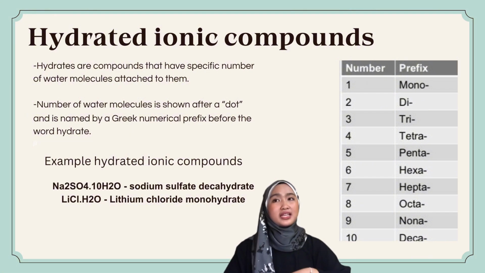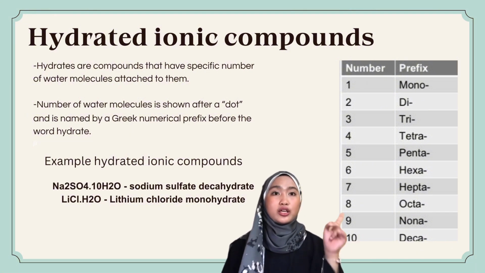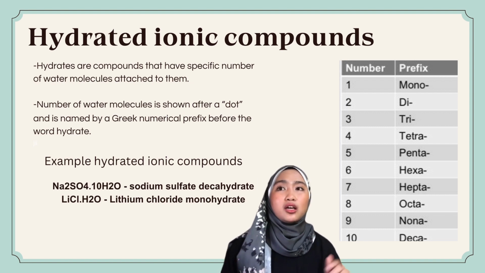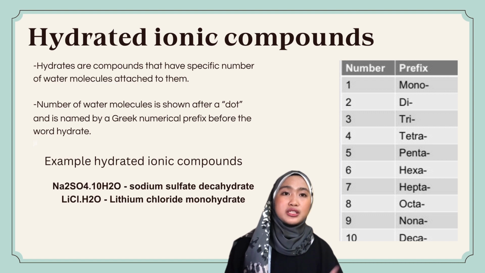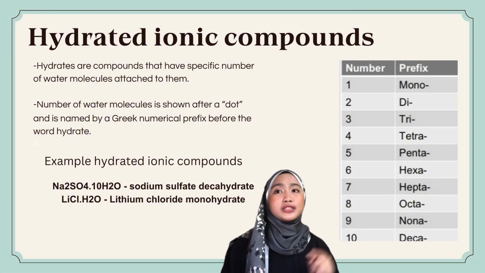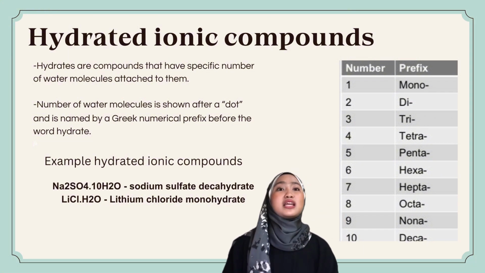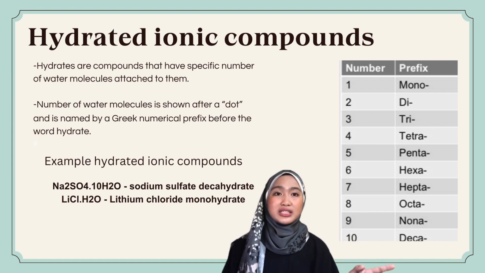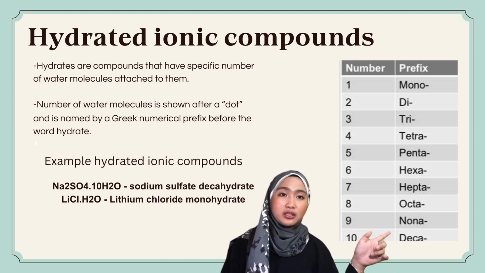Next is hydrated ionic compounds. Hydrates are compounds that have a specific number of water molecules attached to them. The number of water molecules is shown after a dot and is named by a Greek numerical prefix before the word hydrate.